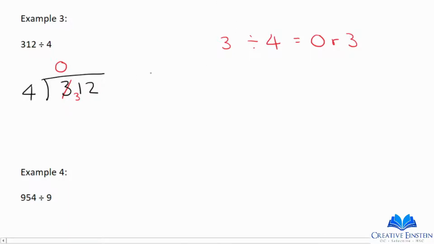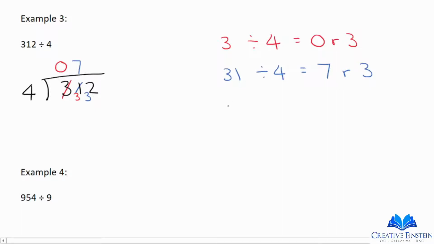The next number is 31, because I'm looking at the remainder of 3 and the next digit, divided by 4 equals 7. That gives us 28. So we have a remainder of 3. 7, remainder of 3. And I cross off the 1 and the 3 now because we've used it.